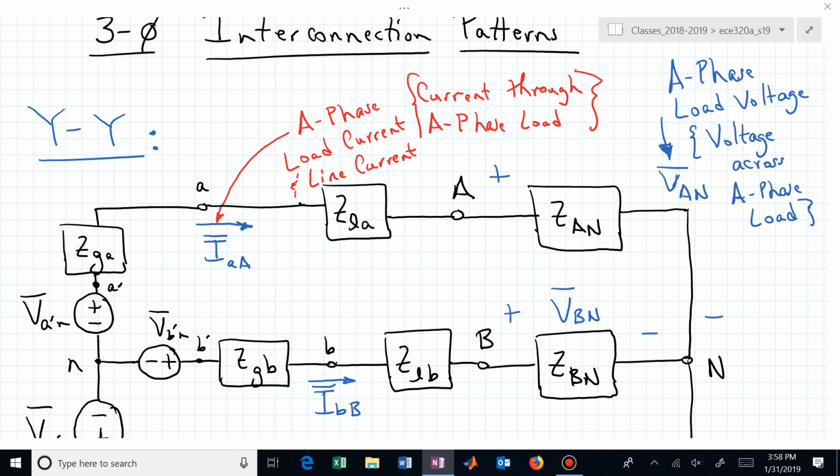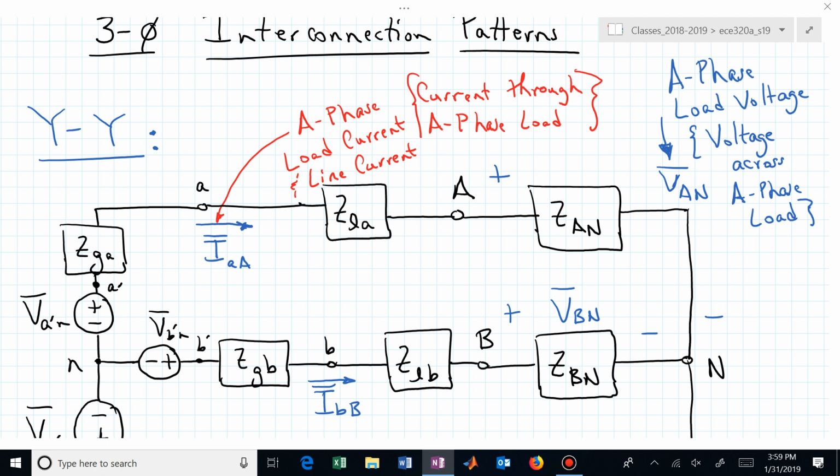In this particular case, that current passes directly through that load. So in this Y-connected load, that line current is also the A-phase load current. The voltage dropped across this A-phase impedance, which I'm labeling V sub capital A capital N, is the phase voltage for the A phase. That's the voltage across the A phase of the load.